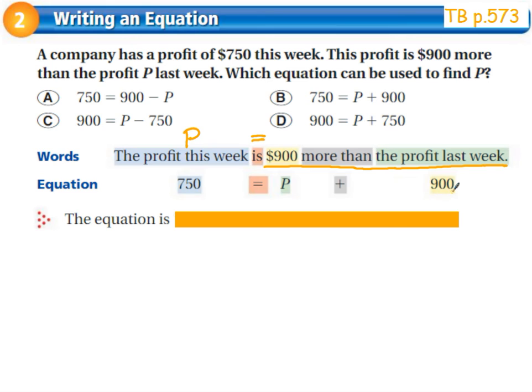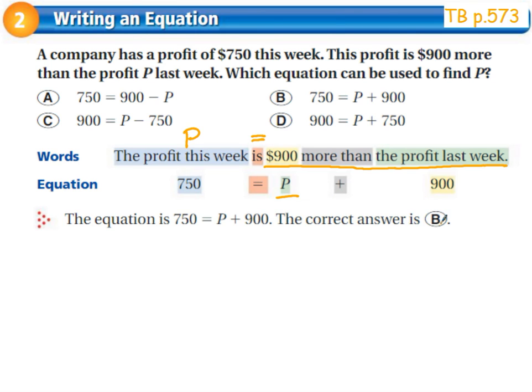So the equation we could write for this is 750, which is the profit this week, is going to equal last week's profit plus $900. So the equation is 750 is equal to P plus 900. The correct answer is B.